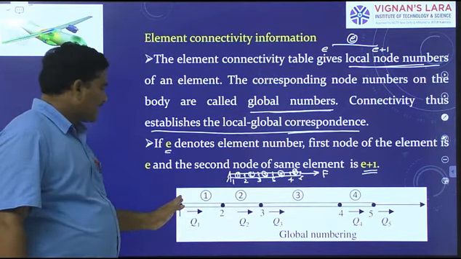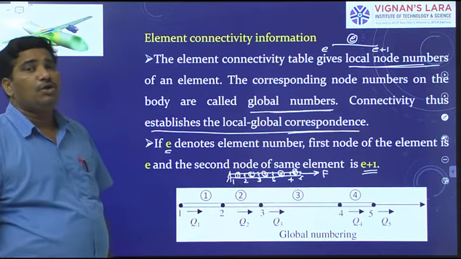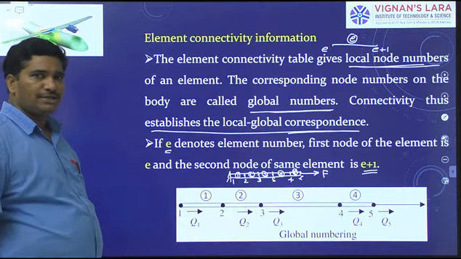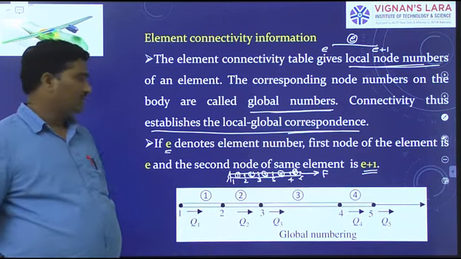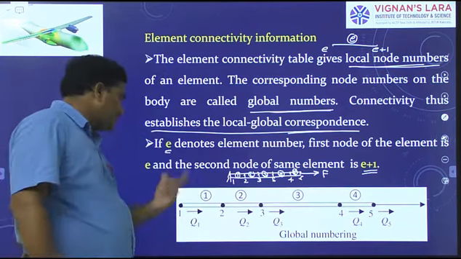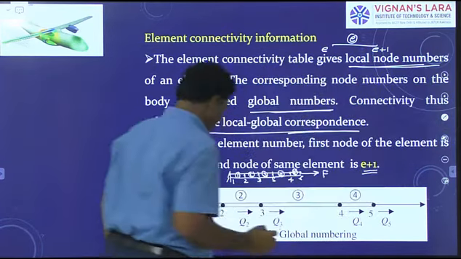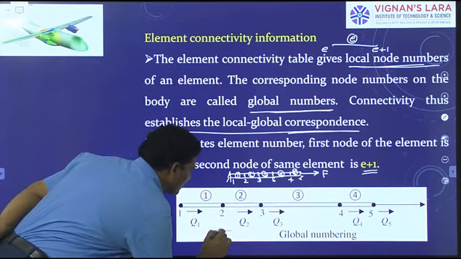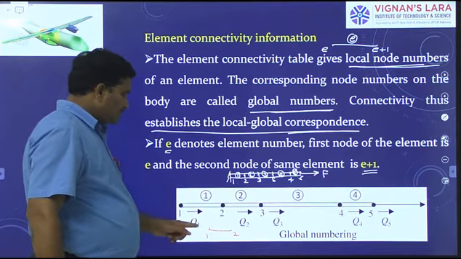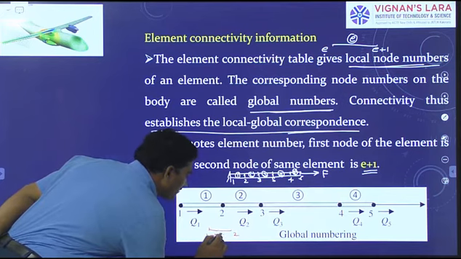Now, capital Q1, capital Q2, capital Q3 and so on represent the global displacements at the nodes. Now, instead of taking all the elements of the domain, I take only one element, connecting nodes 1 and 2. What is the displacement of node 1? I say small q1.